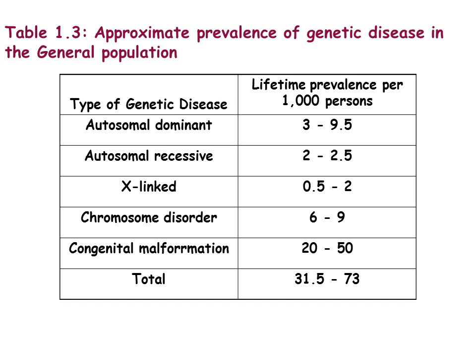So let's look at the approximate prevalence of genetic disease in the general population. Lifetime prevalence per 1,000 for an autosomal dominant trait, in other words, seen in the adult and seen in the offspring, is anywhere from 3 to 9.5 per 1,000. Autosomal recessive is less likely, 2 to 2.5. X-linked, even less, up to 2. If we look at chromosomal disorders, we get 6 to 9 per 1,000.